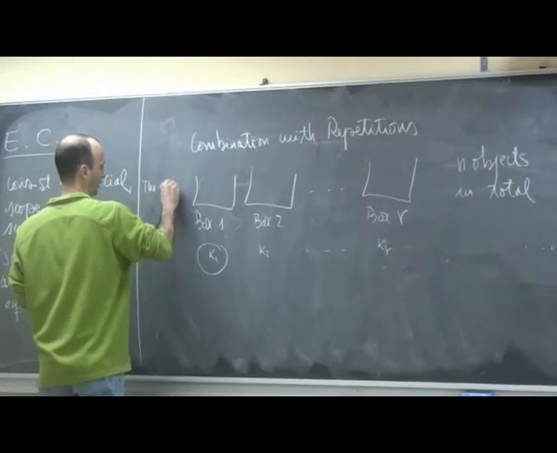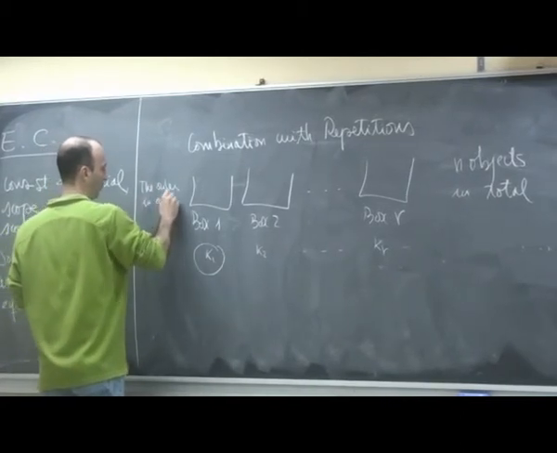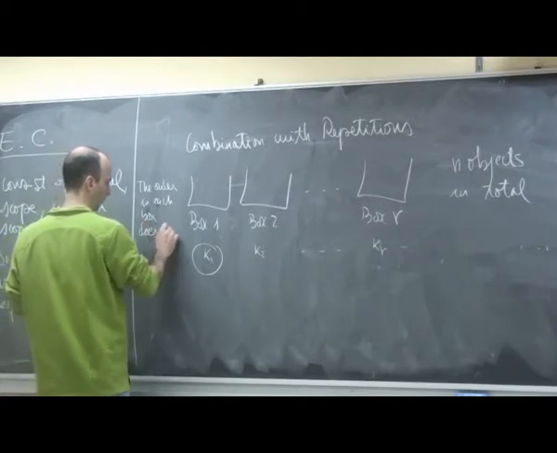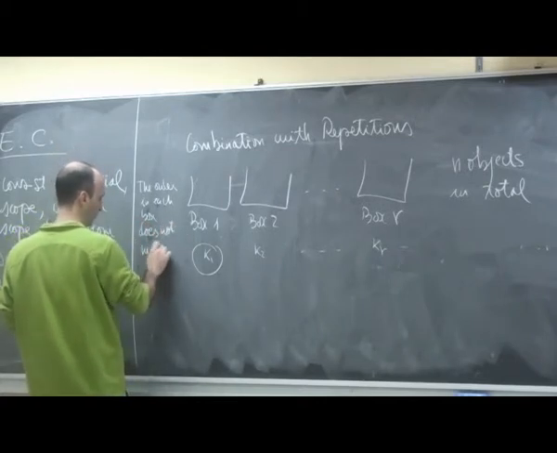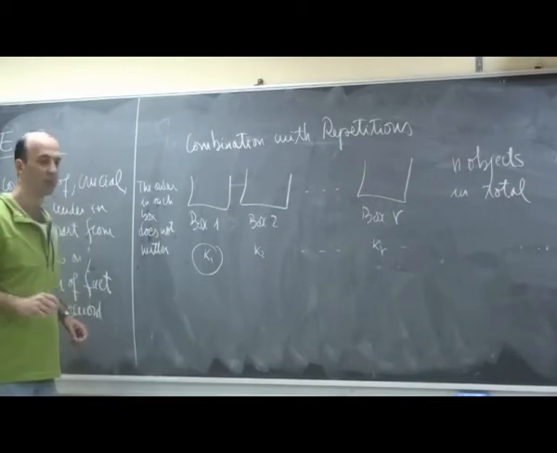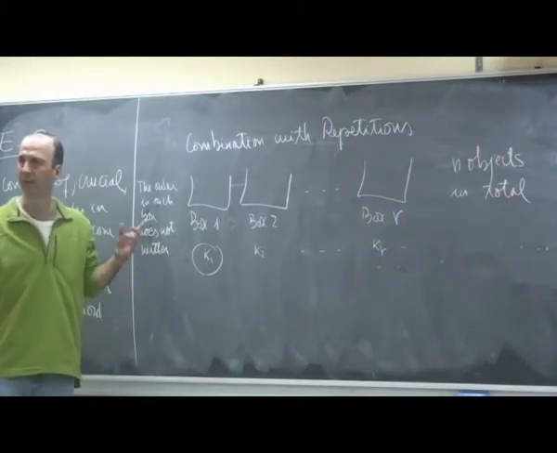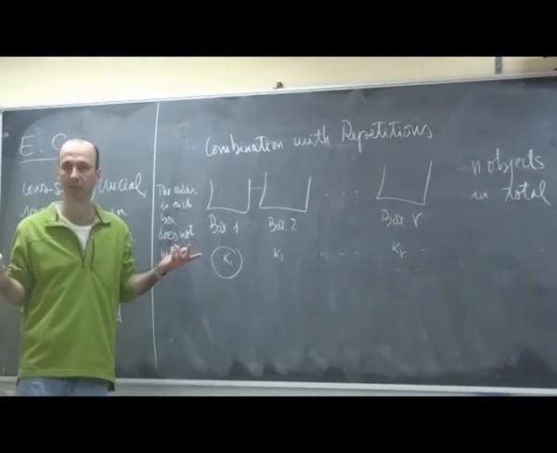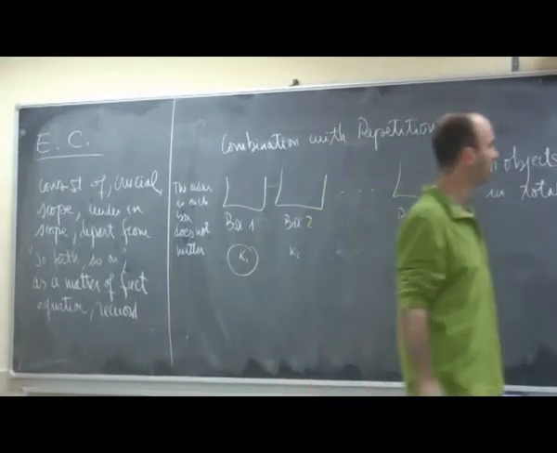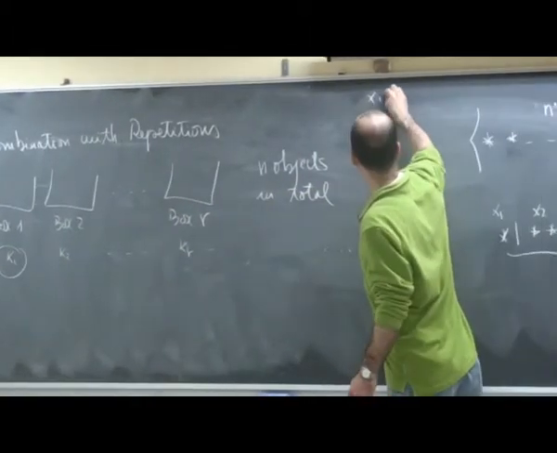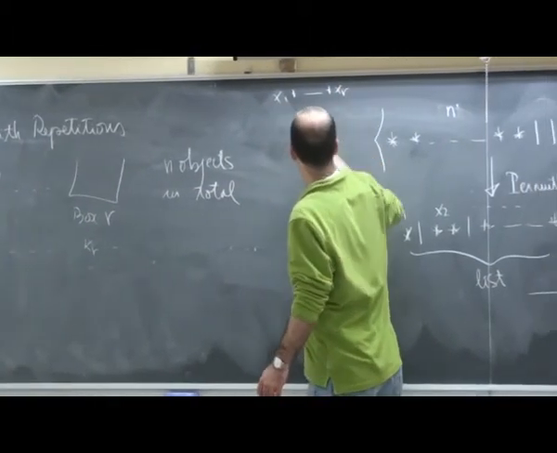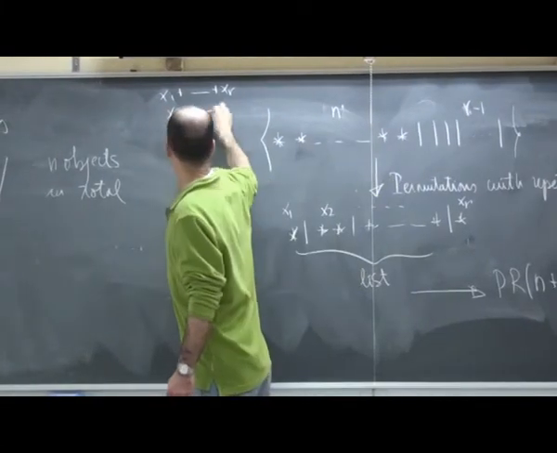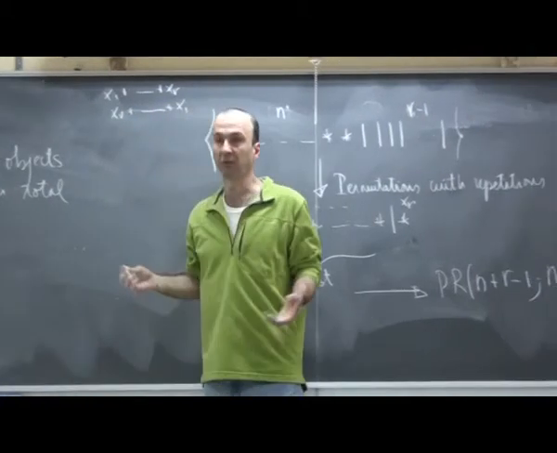So the order in each box does not matter. In fact, if I permute the boxes, I get the same thing. If I write my equation backwards, it's the same thing.